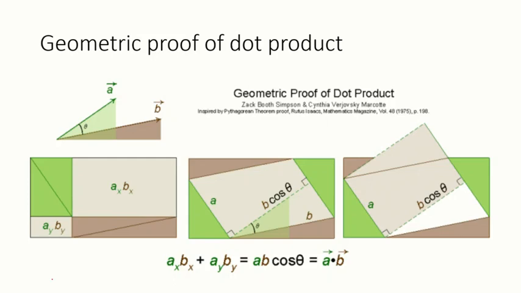And there is another geometric proof of the dot product, which also reaches the same conclusion. Here, A and B are two vectors, and AX times BX becomes the area of these two squares.